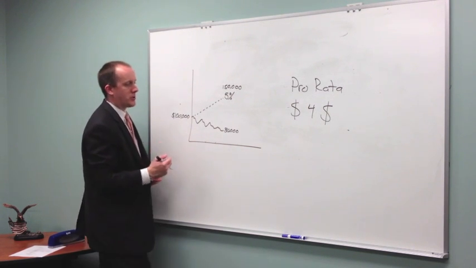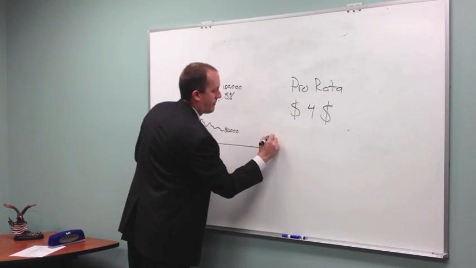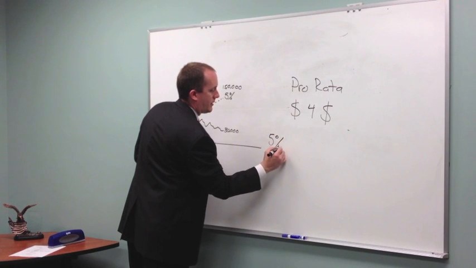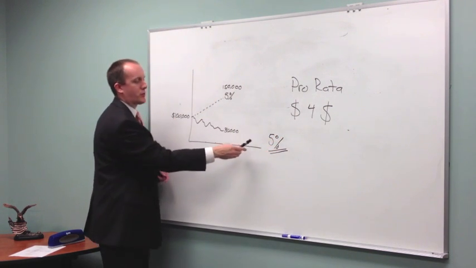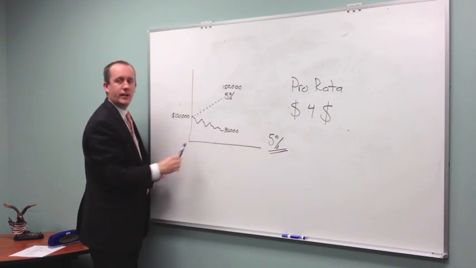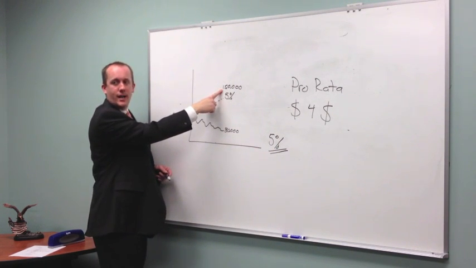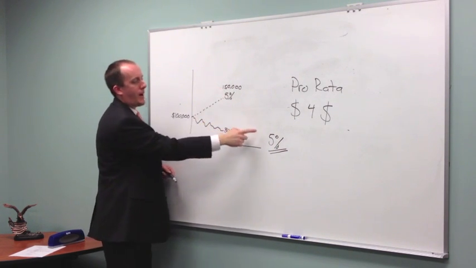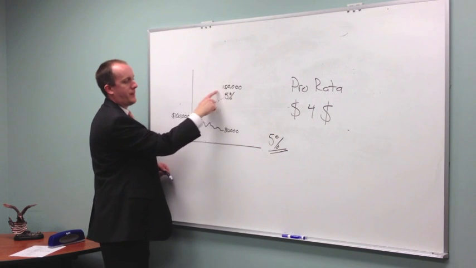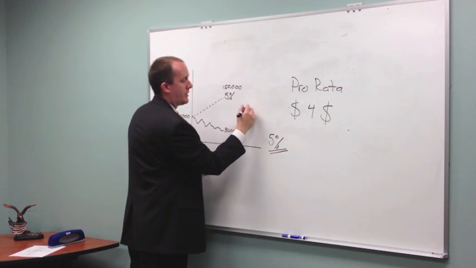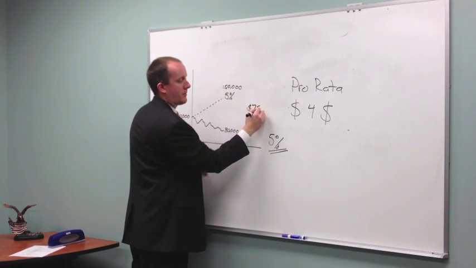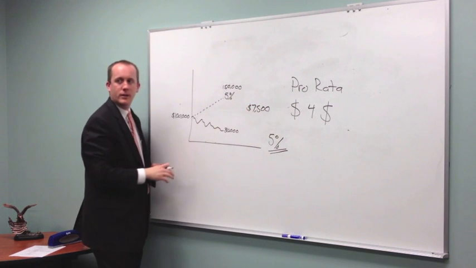Now, let's also assume that this annuity company allows the client to withdraw 5% income for life off of this $150,000 number. 5% of $150,000, they're allowed $7,500 per year of income.